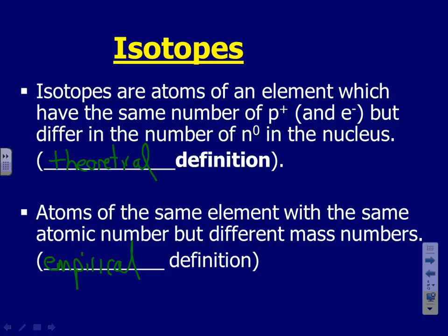All right? That information is not needed ever on a test, but I learn better when I know where words come from in order to help me understand them. So when we have two elements that have the same number of protons but a different number of neutrons and a different mass, they're called isotopes because they sit at the same place on the periodic table.